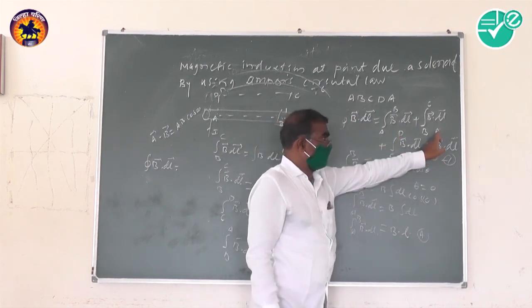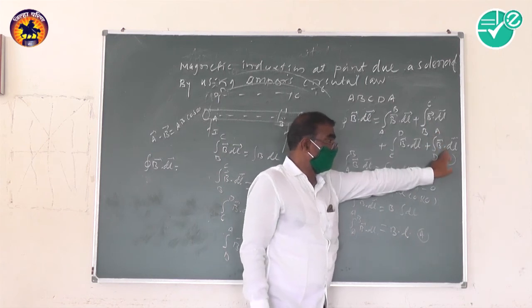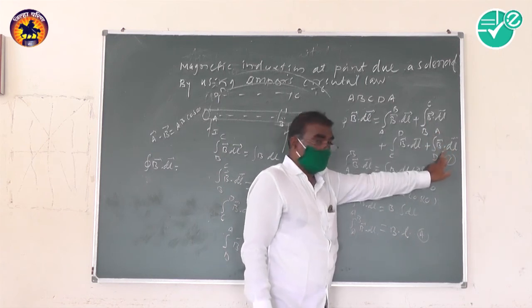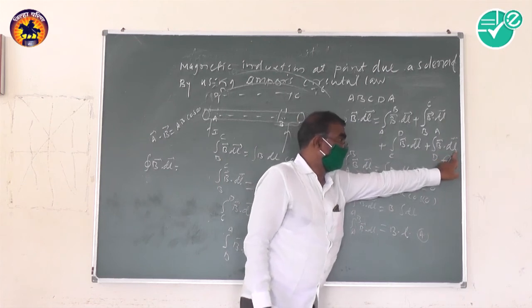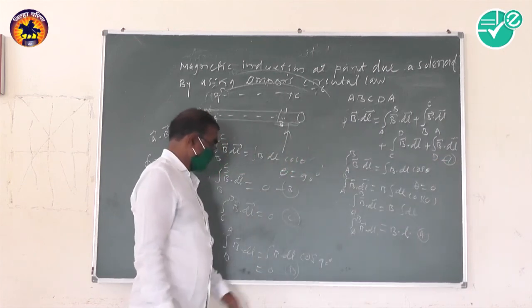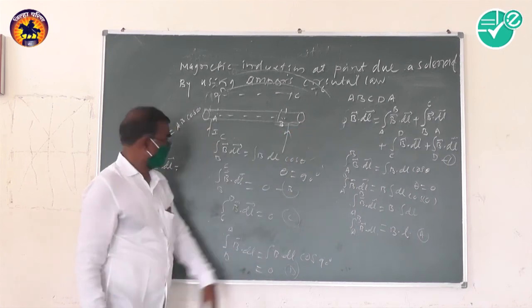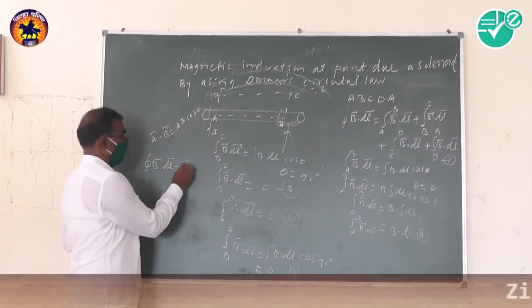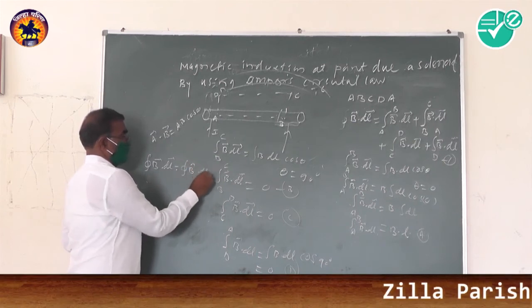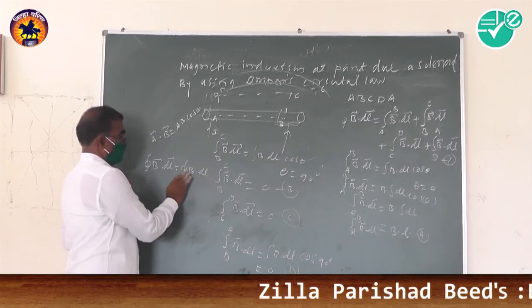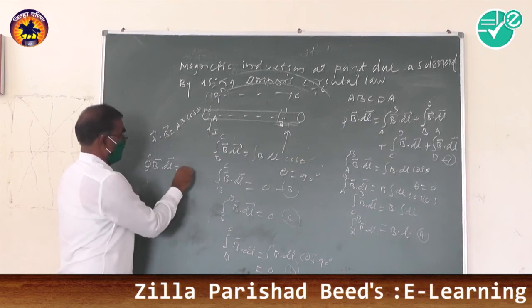And for D to A, the angle between B and dl is 90 degrees, the value of cos 90 is 0, so that is also 0. Putting these in the equation for ABCD, we get the integration of B dl equal to BL.